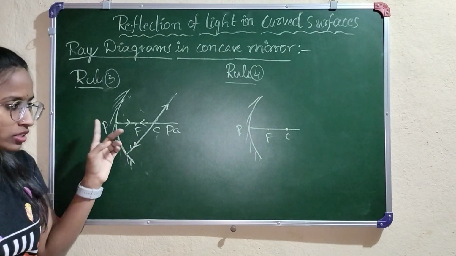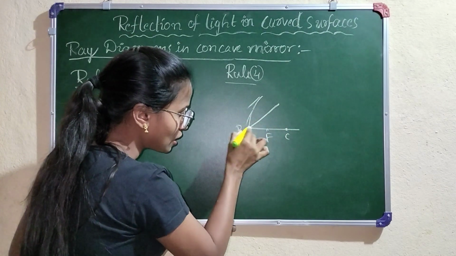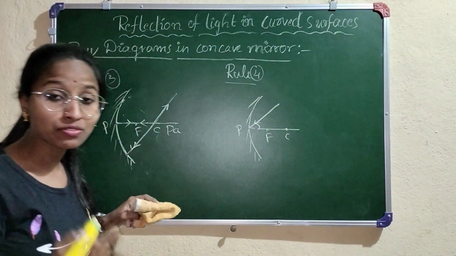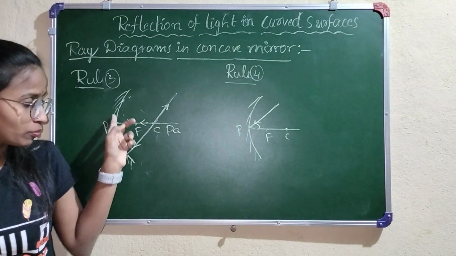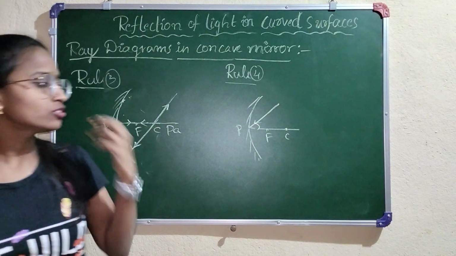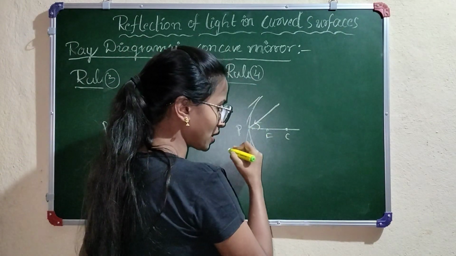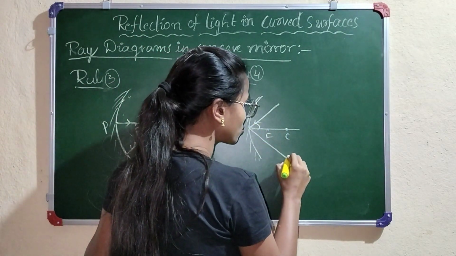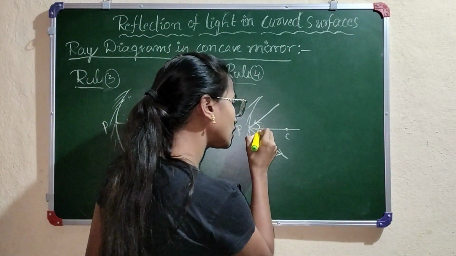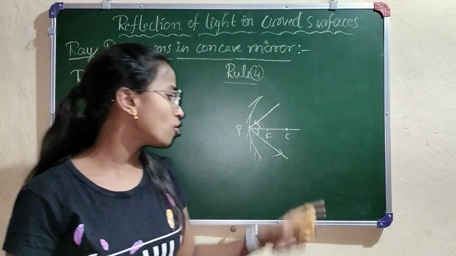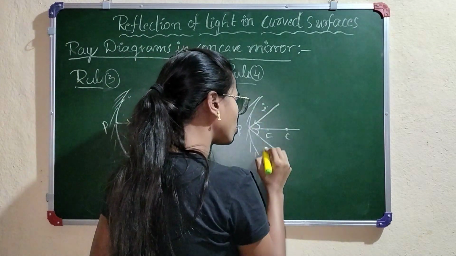But here what I am telling is, if the incident ray hits the pole making some angle with the principal axis, after reflection it will reflect from the same point making an equal angle, which means whatever the angle of incidence is, the same will be the angle of reflection.